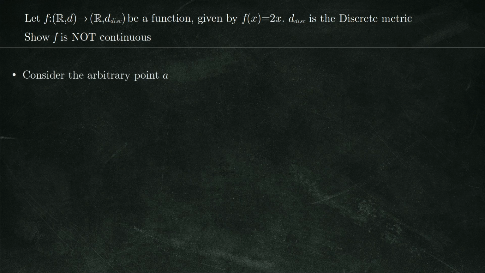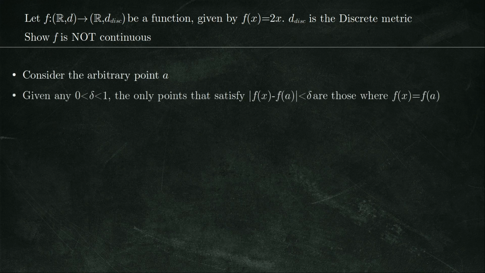So as always, we're going to consider an arbitrary point a. Now, given any delta less than 1, the only points that satisfy |f(x) - f(a)| < delta are those where f(x) equals f(a).